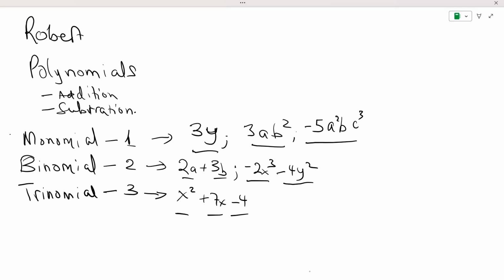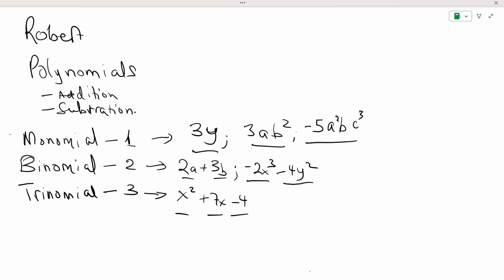Now, where you have two variables, like 3 multiplied by a multiplied by b squared, the degree of this monomial is 2. So we take the variable with the highest degree, and that determines the degree of that polynomial. In the earlier monomial, the degree is 3.